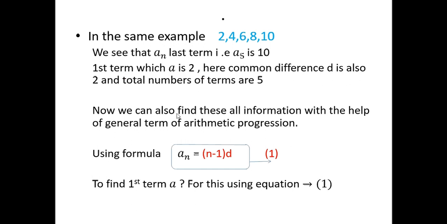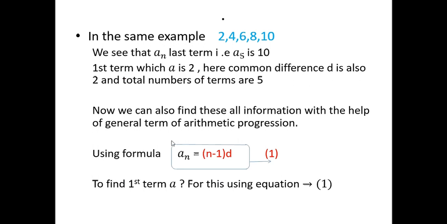Now we can also find all this information with the help of the general term of arithmetic progression using the formula an equal to a plus n minus 1 into d, where an is the last term or general term, n is total number of terms, d is common difference.